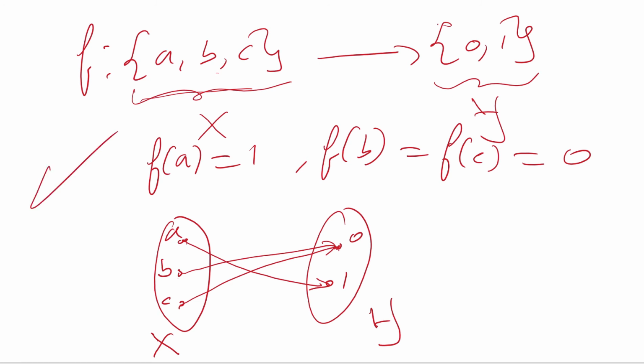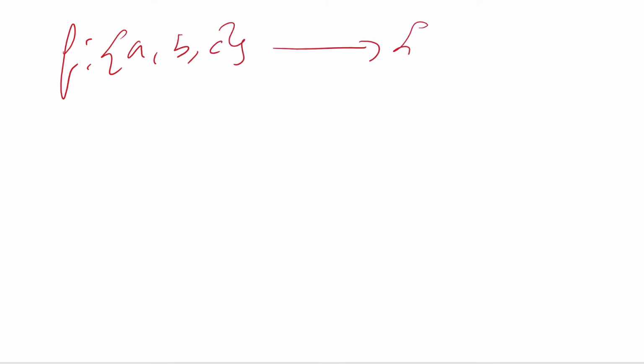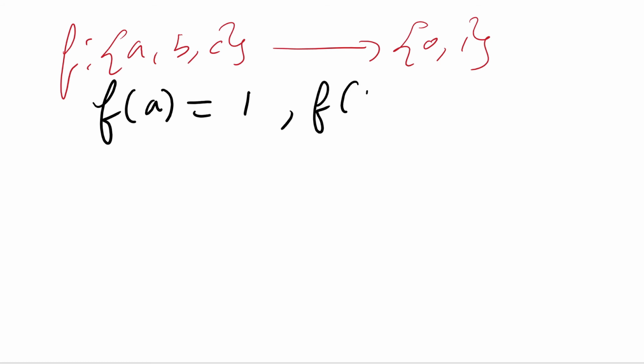Now if you pick this example, if I define f from the set again a, b, c to 0, 1, and I say that f of a equals 1, f of a equals 0, then it's clear that this is not going to be a function.